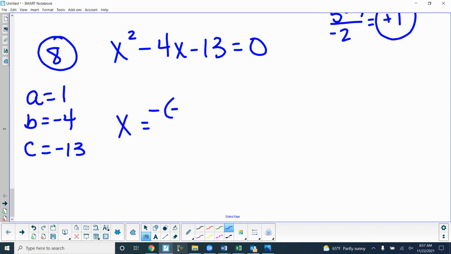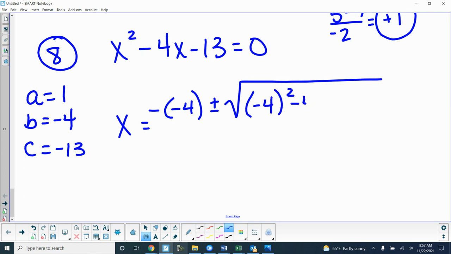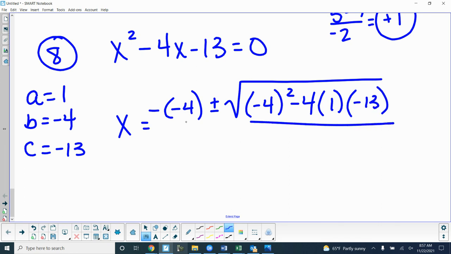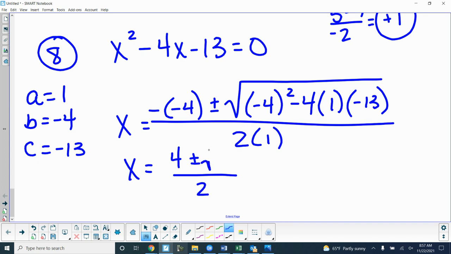So negative b plus or minus the square root of b squared minus 4 times a times c over 2 times a. All right? So I get a positive 4, 2 negatives again, like the last one. This time I have a positive 2.